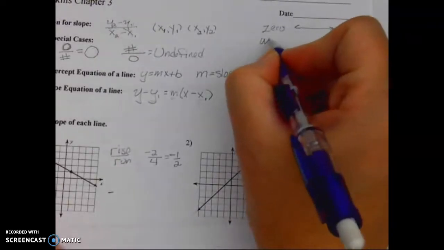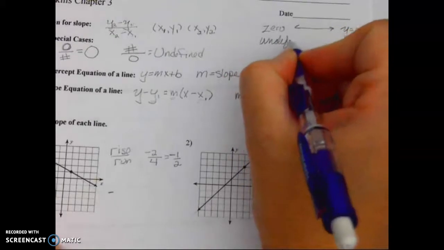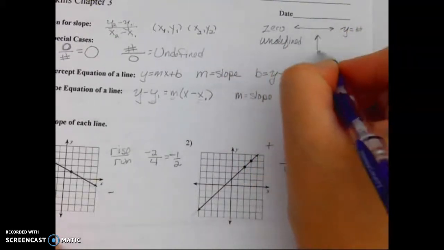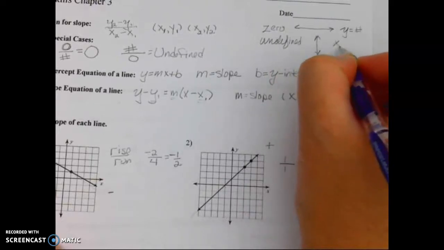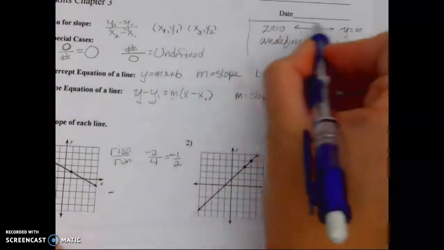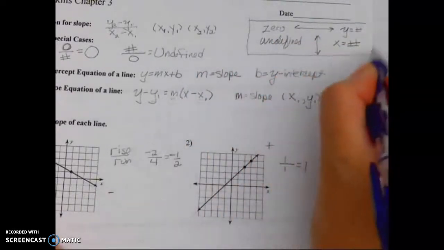If you have an undefined slope, it's going to be a vertical line, and it's going to be the equation of x equals some number. This is important information.